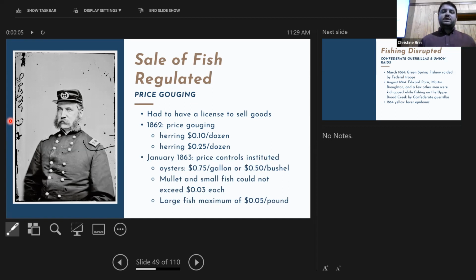And so by January 1863, the military steps in and they institute price controls, maximum that you could charge for oysters, for mullet, herring, shad, etc. There are these pretty stringent regulations on prices, but there's also regulations on sanitation regarding fish in New Bern as well, which is pretty interesting.